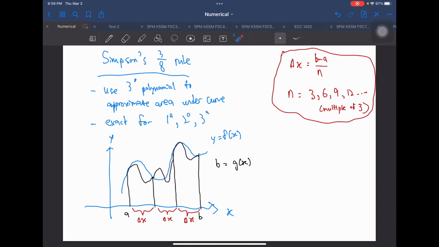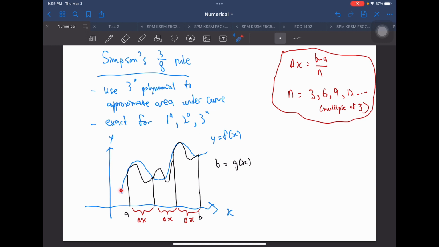So as you can see here, this is Simpson's 3-8 rule. Basically it's using a third degree polynomial to approximate the area under the curve. And it is exact for first degree, second and third degree polynomials. Okay?